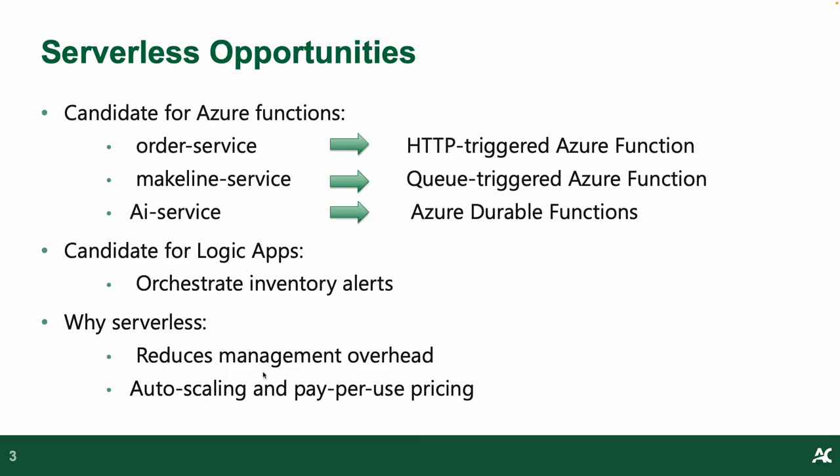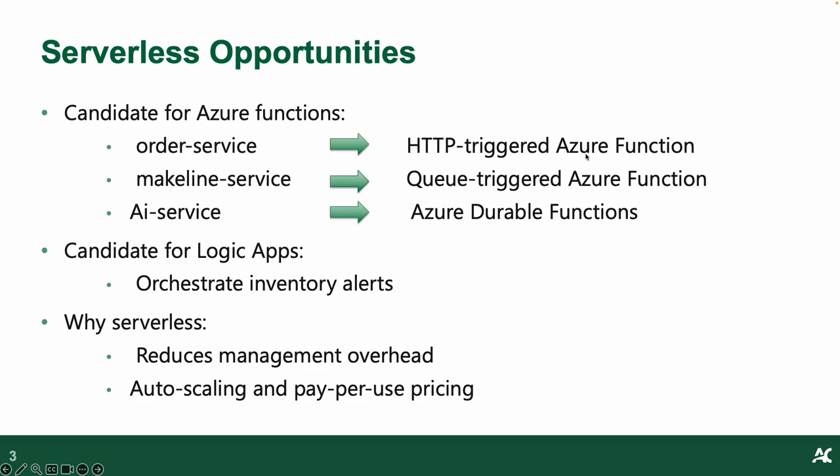When transitioning from the previous architecture to the serverless architecture, the services which could be converted to Azure functions, I figured, would be the order service, makeline service, and AI service. The order service would be converted to an HTTP triggered Azure function.